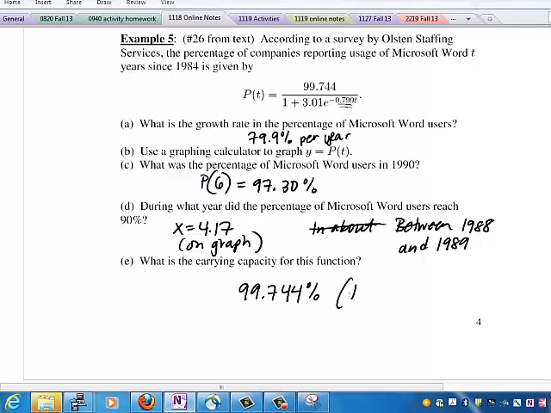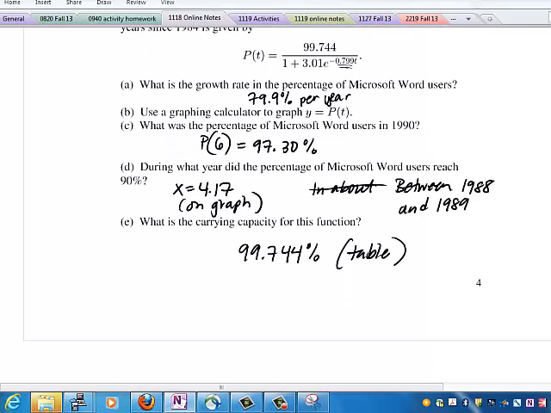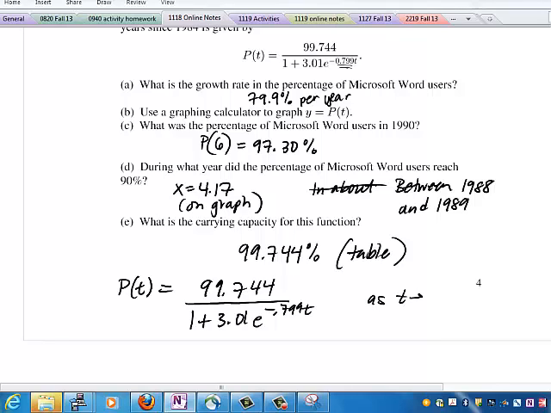So we saw this on the table. But we can also think about why this is happening from the formula. One plus 3.01 e to the negative 0.799 t. As t goes to infinity, so as time gets larger and larger, e to the negative 0.799 t is going to be getting smaller and smaller and smaller, so that's going to 0.